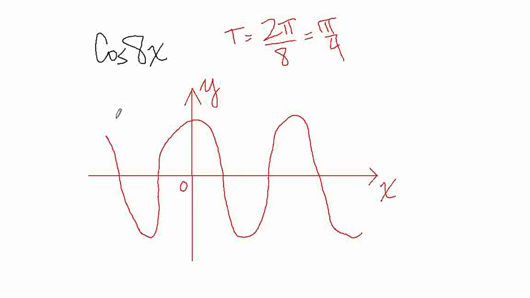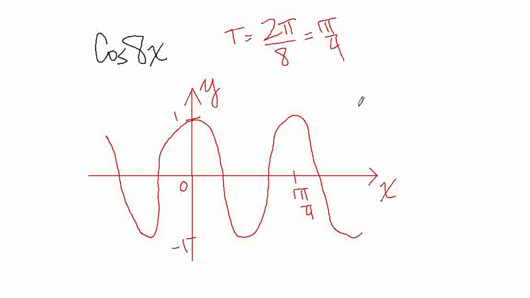Okay, and one way to see where the x-intercepts are is, well, you could use the period information, of course. So the y-intercept is 1, so the y value will be 1 again at pi over 4 because of what the period is.